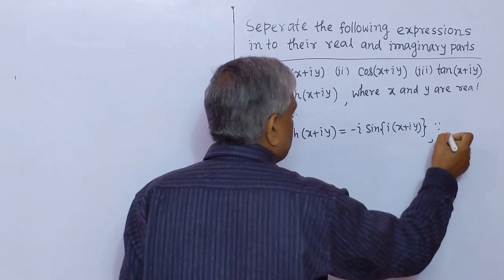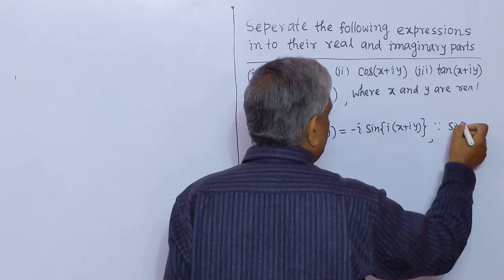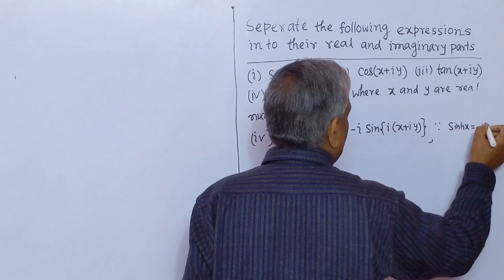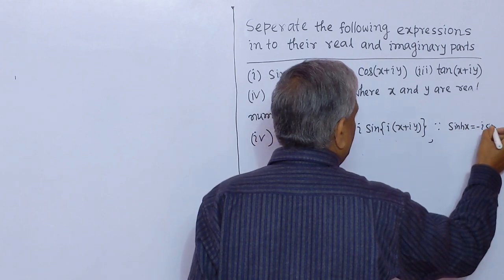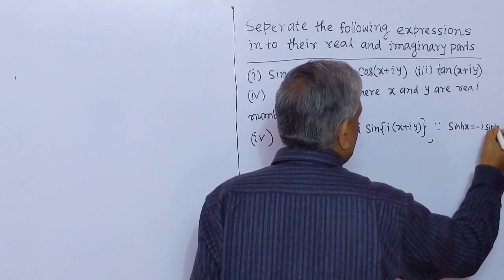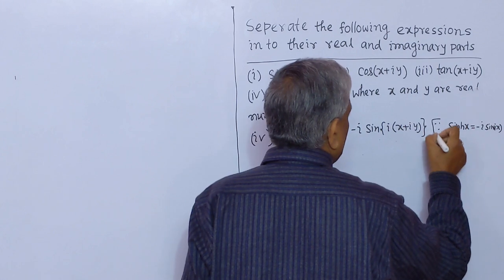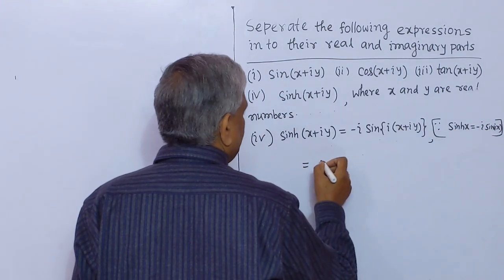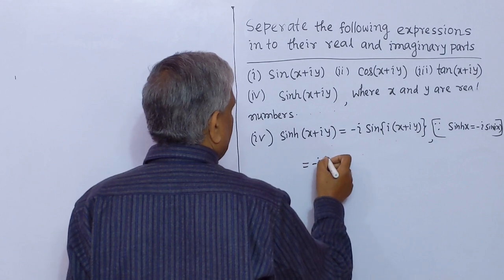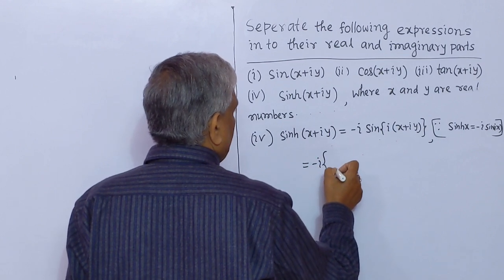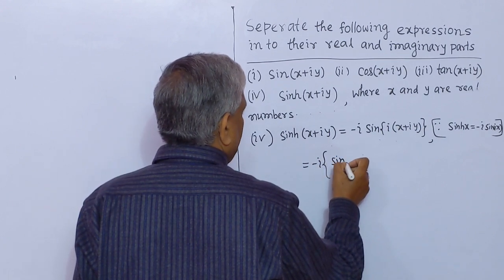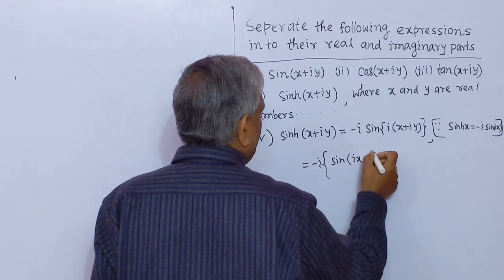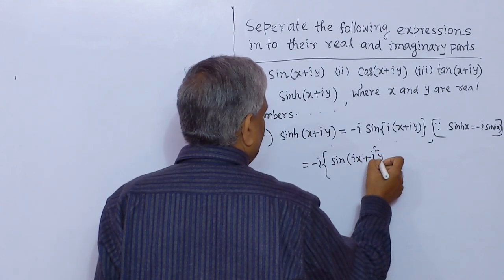Since sin hyperbolic x equals minus i sin ix, this will be equal to minus i sin ix plus i square y.